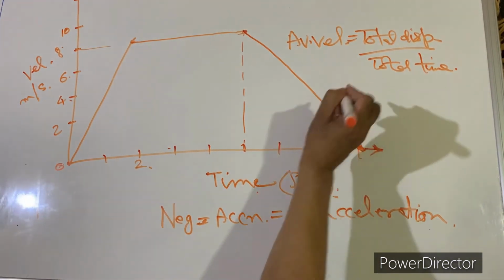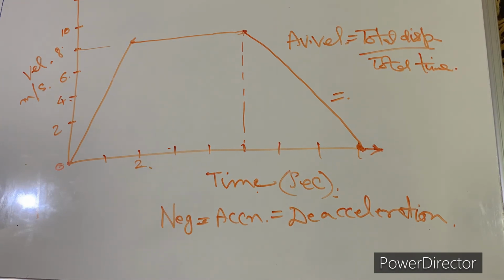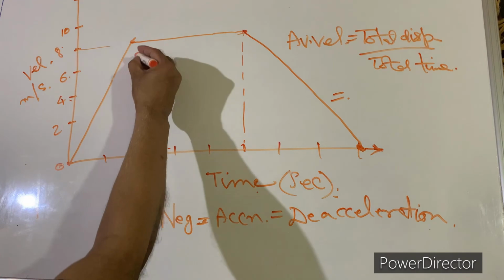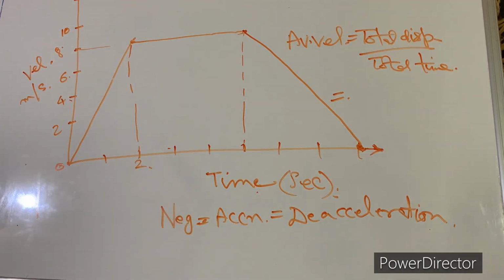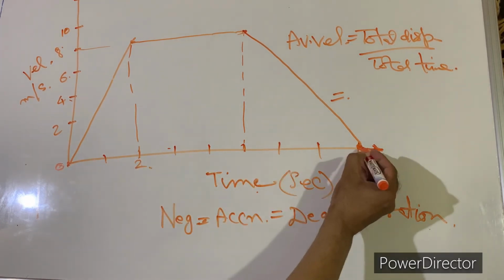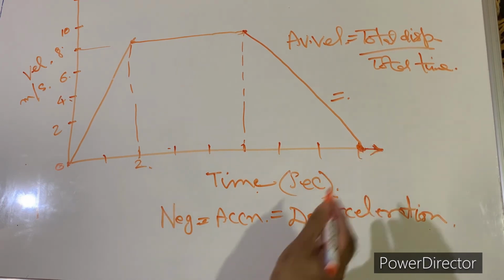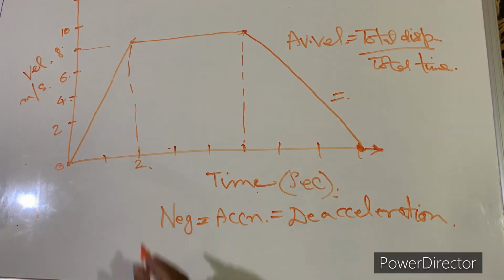Now let us find out what the total displacement is. Total displacement, as we know, is the area under the graph. The area of the trapezium will hence give you the total displacement of the body from this point up to this point.